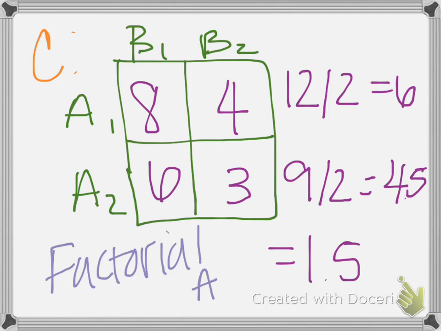So for problem C, we're trying to find a main effect for both factors and an interaction. I have a new equation, and as we did before, I'm finding the average first for row A1 and row A2. Therefore, the main effect for factor A in this one is 1.5.